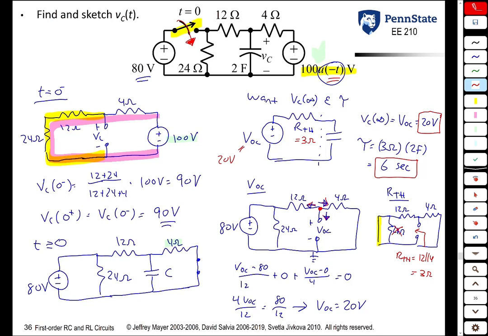You do not need to Thevenize the circuit necessarily, but I find that it's usually easiest after you redraw the circuit for t greater than or equal to 0, find its Thevenin equivalent, because then you can directly read off what VC of infinity is and what the time constant is.